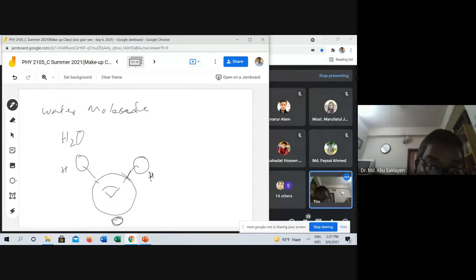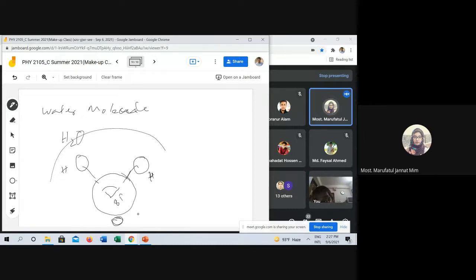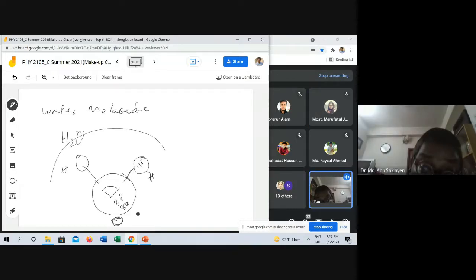So if you consider a water molecule, the total number of electrons in this structure, এই স্ট্রাকচারে টোটাল নাম্বার ইলেকট্রন কতগুলো? How many? In oxygen there are 8 protons, 8 electrons, 1 proton, 1 electron, 1 proton, 1 electron.